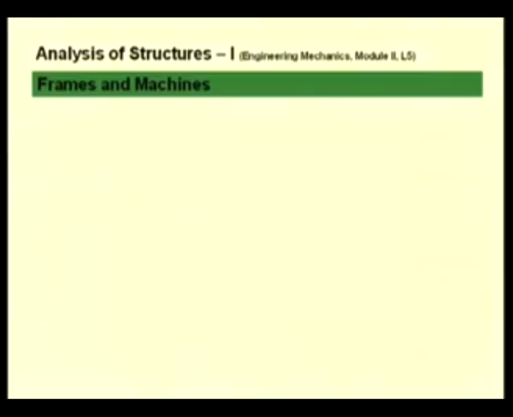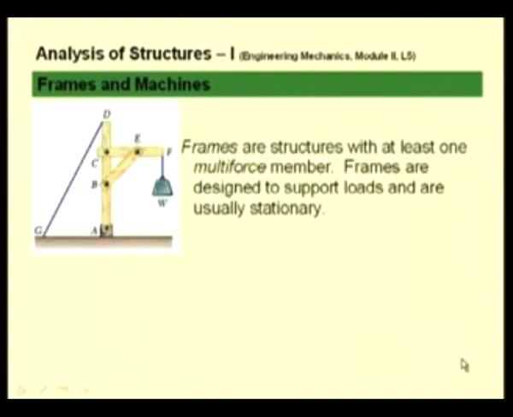We will see what we call a multi-force member before going to analyze the structures containing multi-force members and two-force members. We have particularly frames and machines which come under this class of interconnected rigid bodies. Let us see first what we mean by a frame.